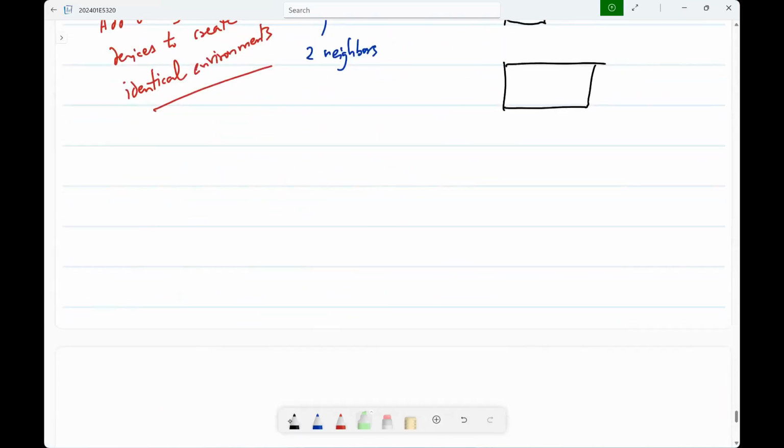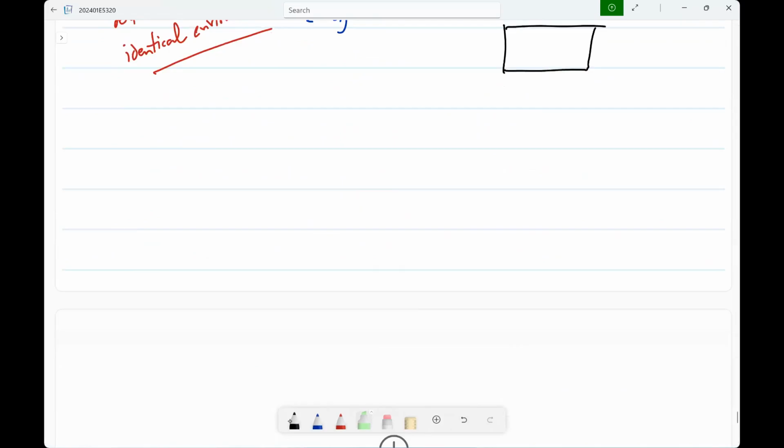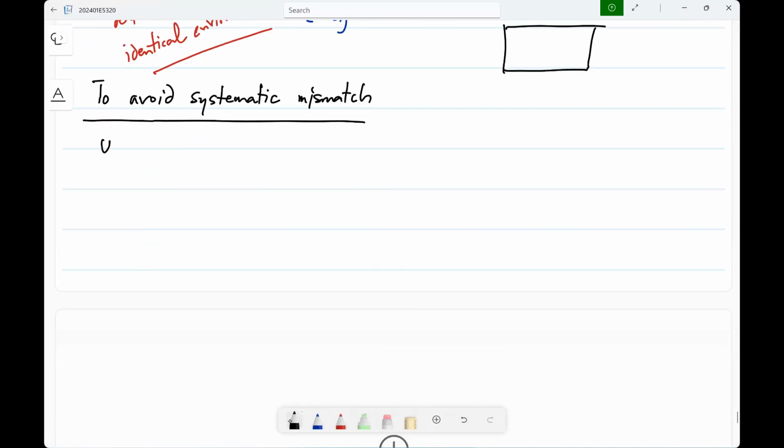So basically, this is for all elements. You have to use unit element based design, and this is also sometimes called ratiometric design.